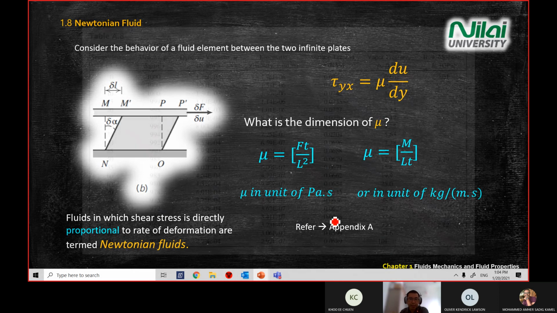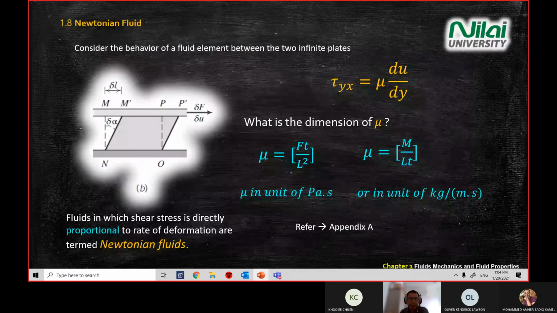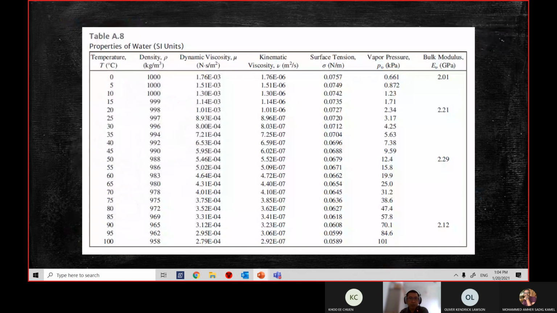How to convert from Pascal to kilogram is also inside the Appendix. If you look at the Appendix that I asked you to download, in Appendix A you flip to table A8. You will see this table for water, for example. Water properties change with temperature, and there are density, dynamic viscosity, kinematic viscosity, surface tension, vapor pressure, and bulk modulus.